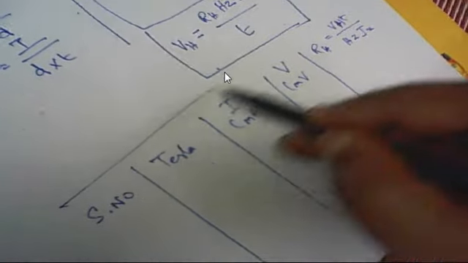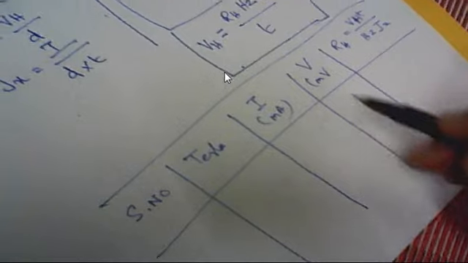So we can tabulate the values and finally calculate the R_H value. This is an experimental setup for the semiconductor material.